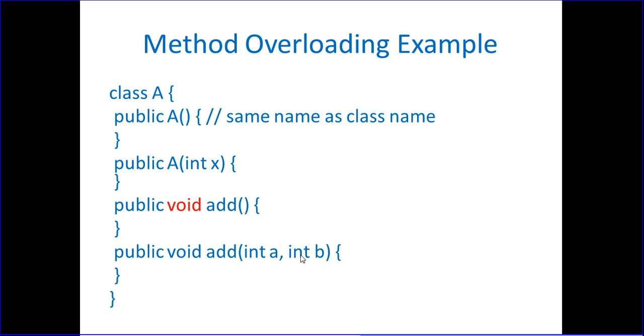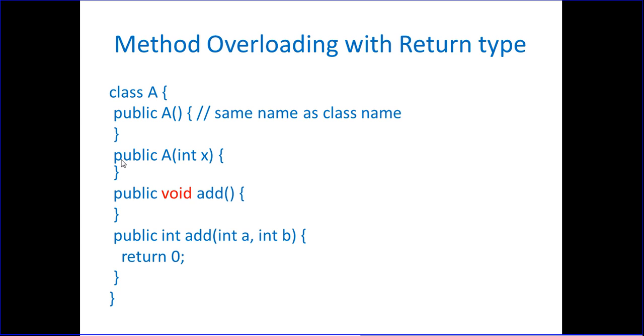So this is overloading a method or a function. But observe here, the return type is void and void. So in a function, you can overload a function by changing the number of parameters, and also by changing the return type. The next slide will explain what I actually mean.